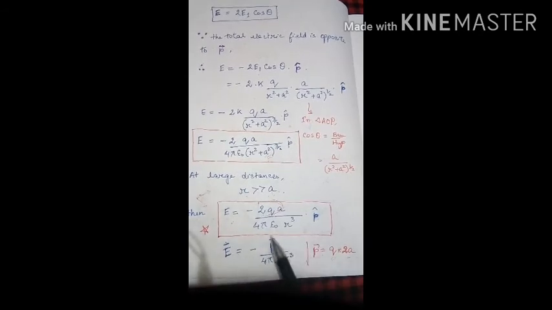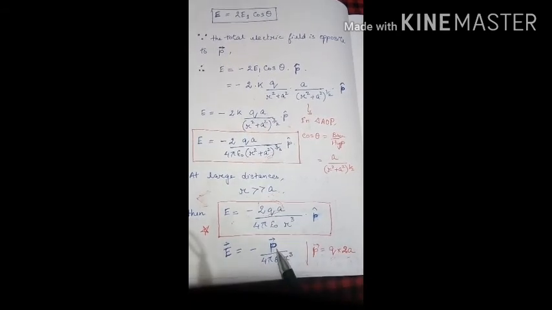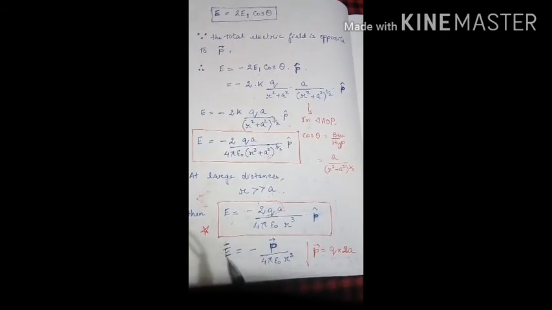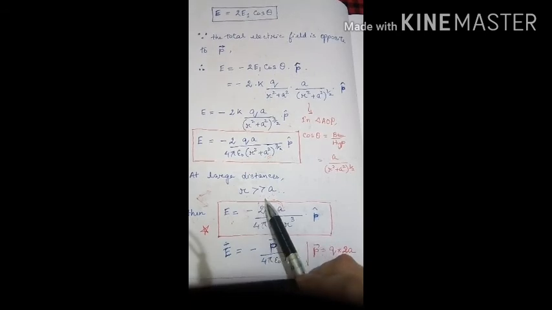This is the electric field intensity on the axial line of an electric dipole if the point is very far away from the dipole, or at a very large distance compared to the length of the dipole.